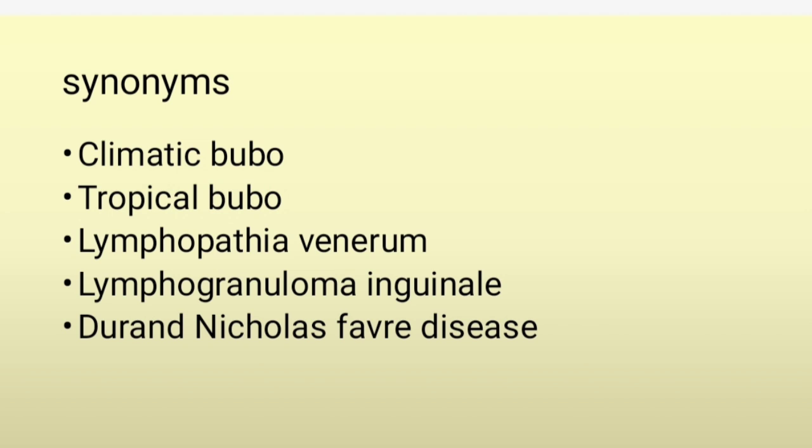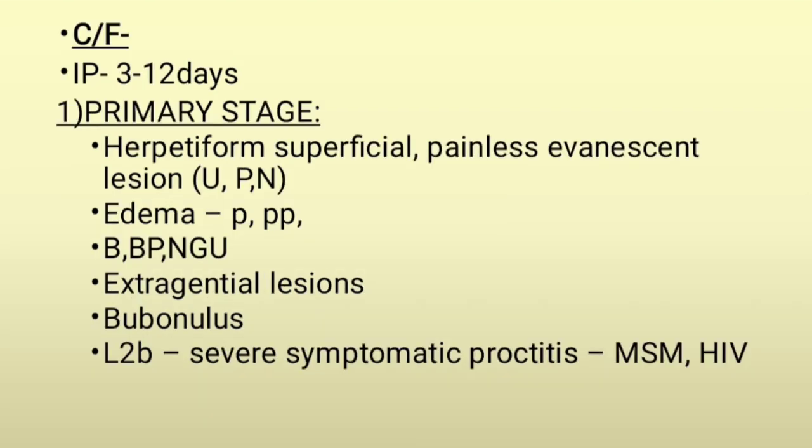Clinical features: incubation period is 3 to 12 days. The clinical features of LGV are divided into 3 stages: primary, inguinal and anorectal stage. The primary stage is often transient. The usual manifestation of the primary stage is a herpetiform, superficial, painless, evanescent lesion, or there can be an ulcer, papule or nodule. Edema can be present leading to phimosis or paraphimosis.